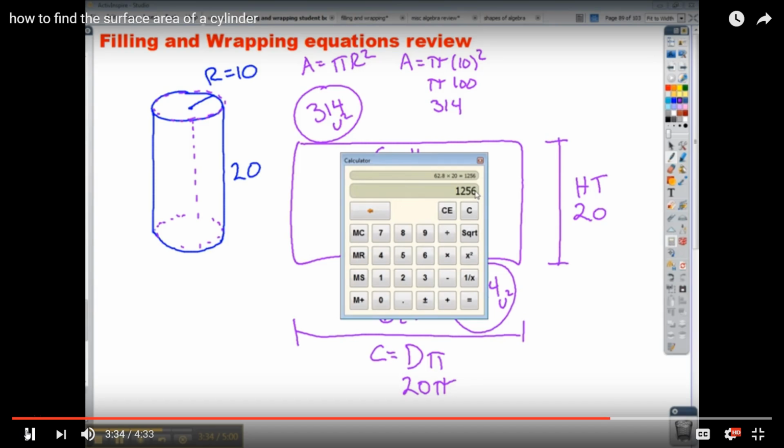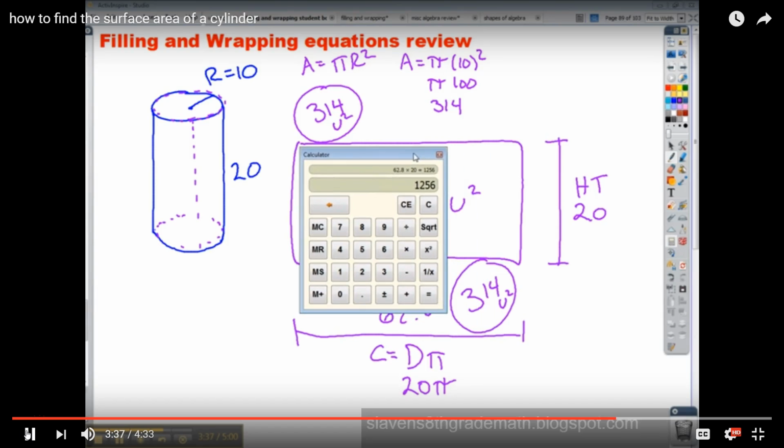So I have the area of the rectangle plus the area of the top plus the area of the bottom, and I get a surface area of 1,884 units squared. And it's units squared because we're talking about area, which is in 2 dimensions.